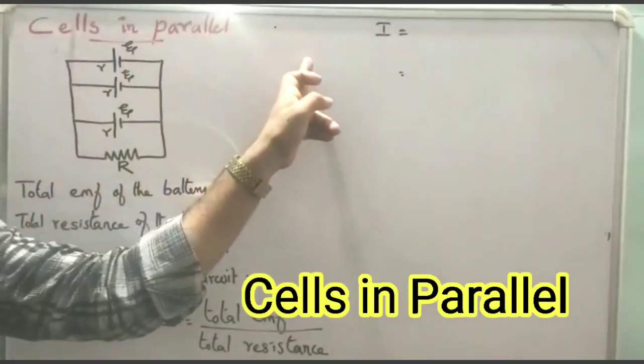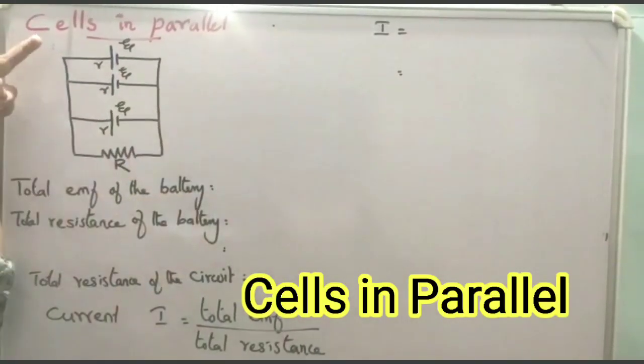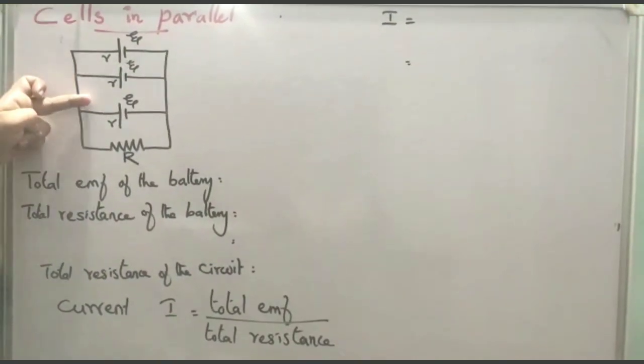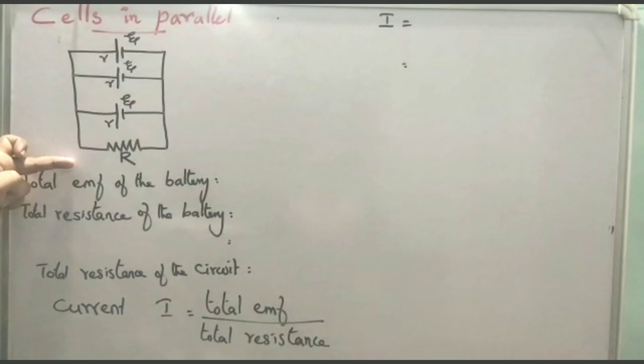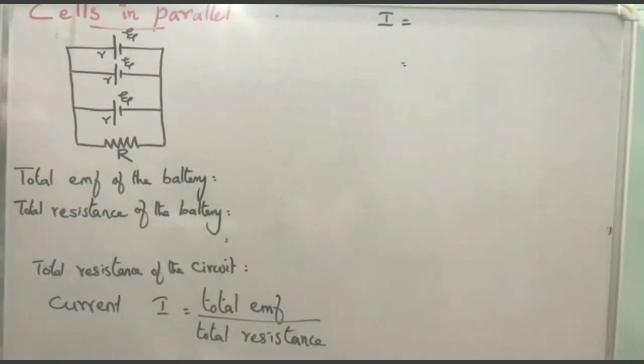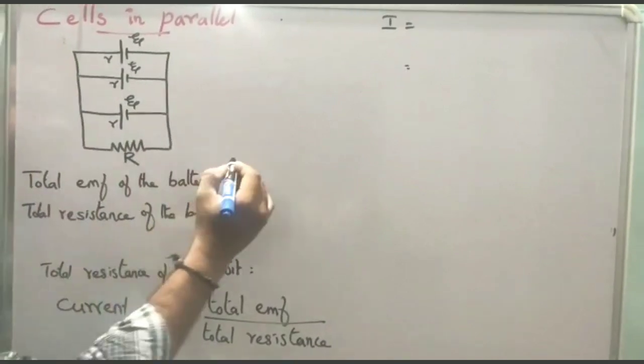Cells in parallel. Consider n number of cells having internal resistance r connected to an external resistance capital R. Now for parallel connection, the total EMF of the battery is psi.